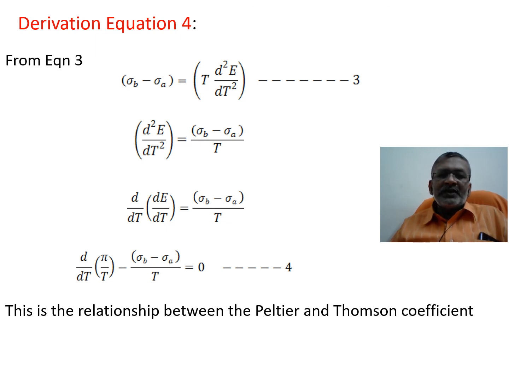So this equation contains π, the Peltier coefficient, and σ, the Thomson coefficient. Hence this is the relationship between the Peltier coefficient and the Thomson coefficient.